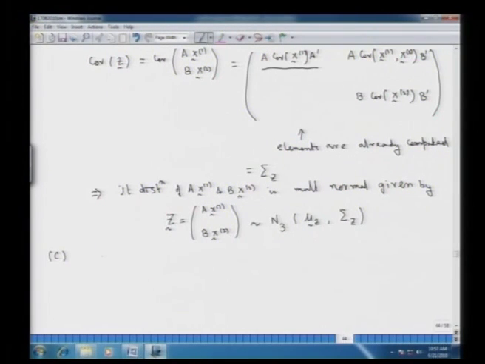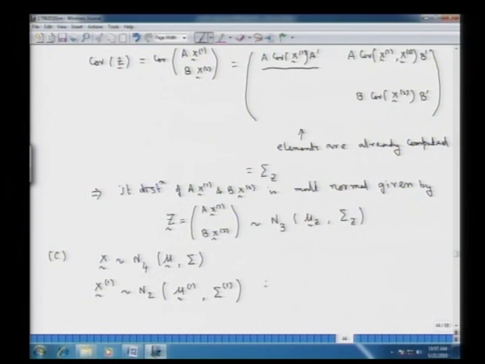Now we have x following a multivariate normal 4-dimensional with mean vector mu and covariance matrix sigma. Now x1 is a subvector derived from this x here, and hence this is going to be a 2-dimensional normal distribution, or a bivariate normal distribution, with mean as the mu1 subvector and covariance matrix sigma 1.